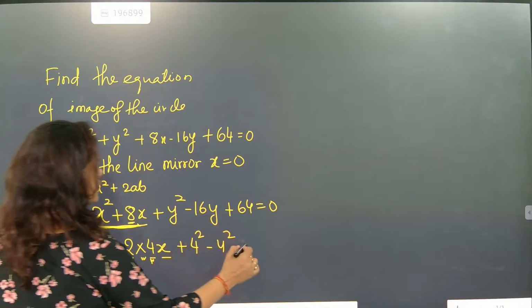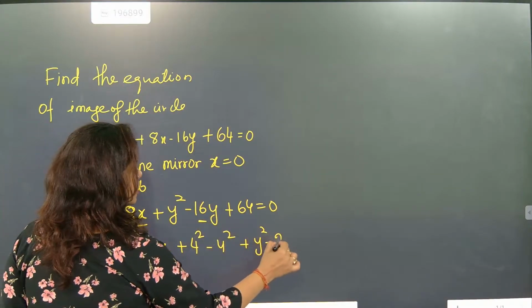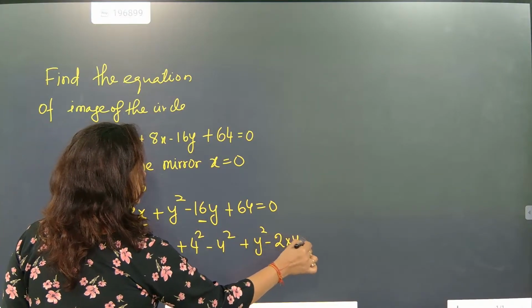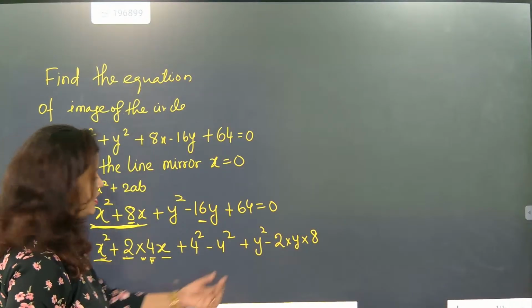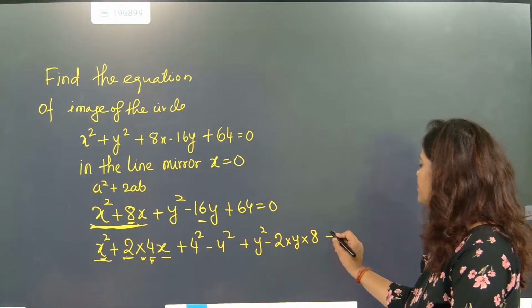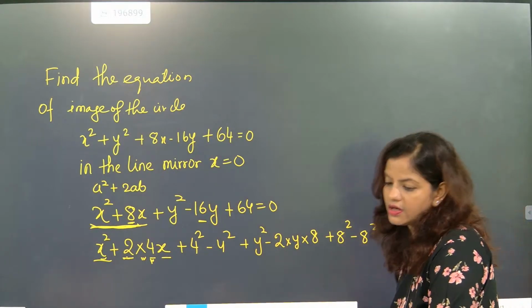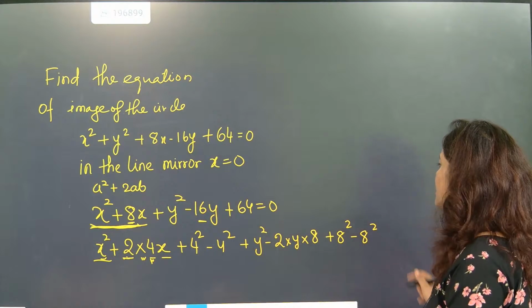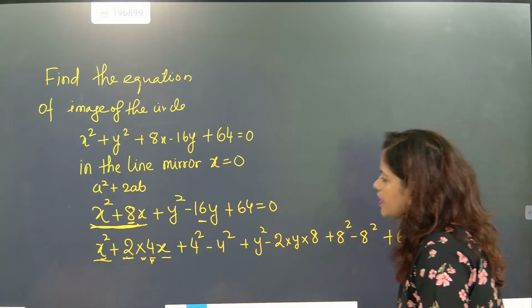Now the y square part: y square minus 16y I am splitting as 2 into y into 8, since 2 eights are 16. So we will add the square of 8 and subtract the square of 8, and then plus 64 equal to 0.